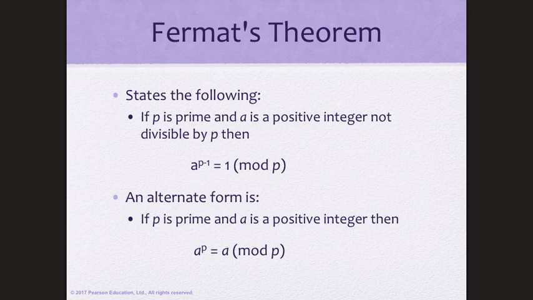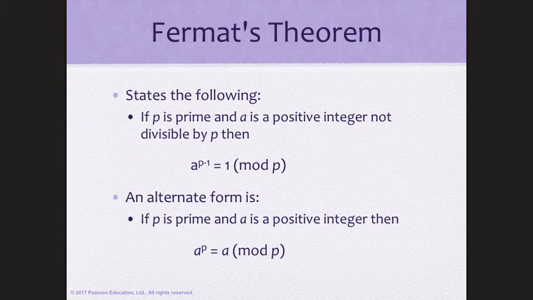So a to the power p minus 1, where p is a prime, is always going to be equal to 1 mod p under the condition that a is not divisible by p. So p is not among the prime factors of a.